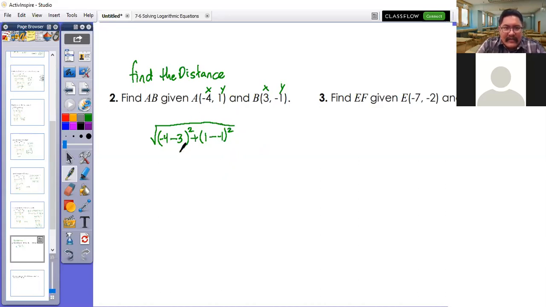So let's go ahead and just start evaluating this now. Let's work with our parentheses, -4, -3. We have -7 plus, and here I have 2 negatives, a double negative. Now, normally I'd put these in parentheses, but I don't want it to be too out of the ordinary. So I'm going to go ahead and just write 2 plus 1. So remember, if you take away a negative, it becomes positive.